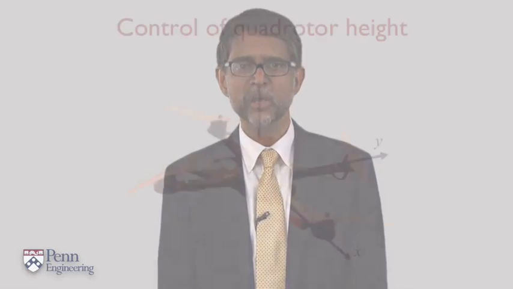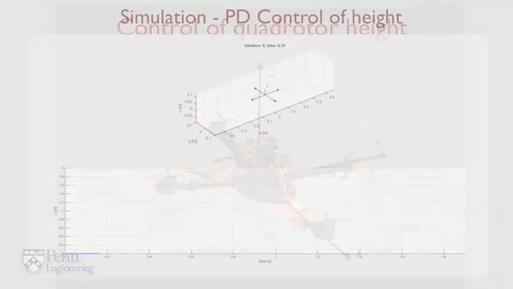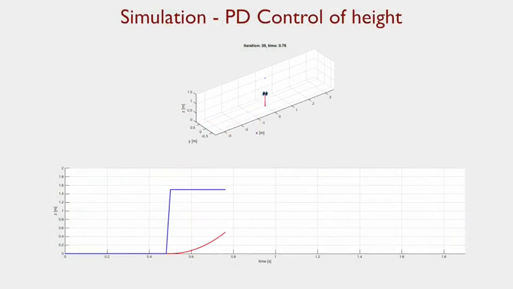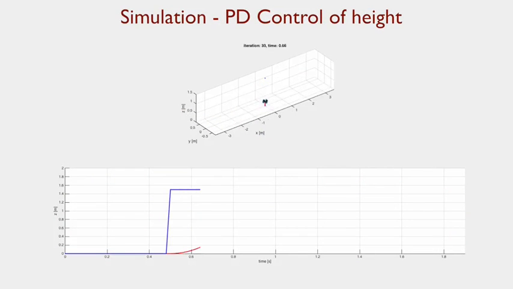I now want to deal with a complete simulation of the quadrotor. Because we'll now require three independent directions, we're going to now introduce x, y, and z coordinates, and this time the z coordinate points up. So here's a simulation of the quadrotor, and again we're using a proportional plus derivative control to control height.